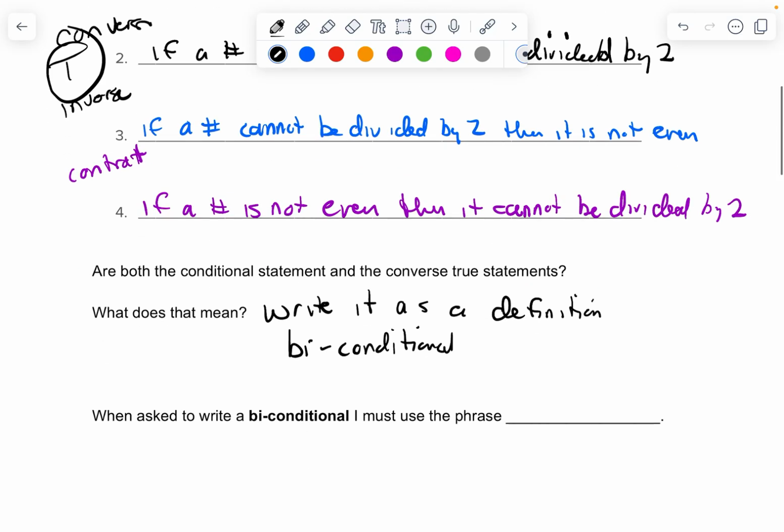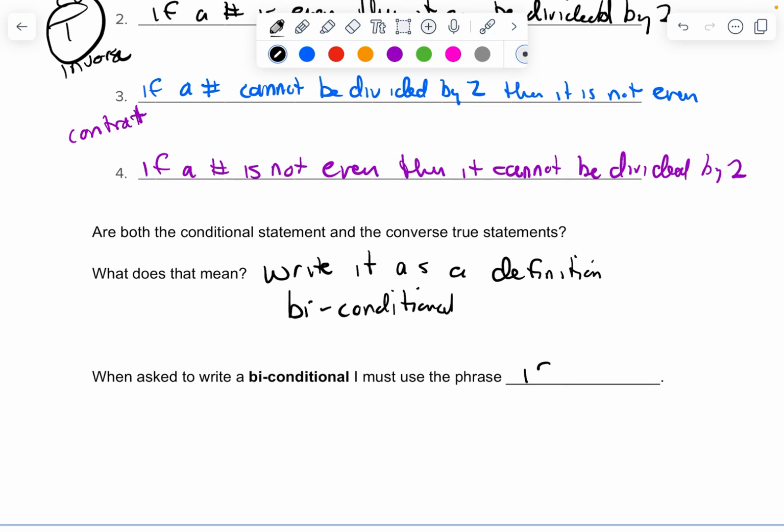Biconditional means I have to use the phrase "if and only if," and the shorthand version is that.